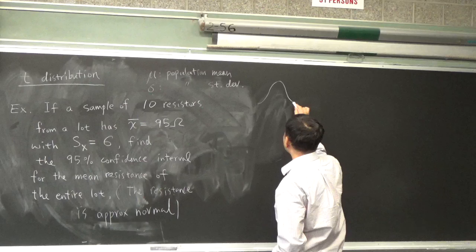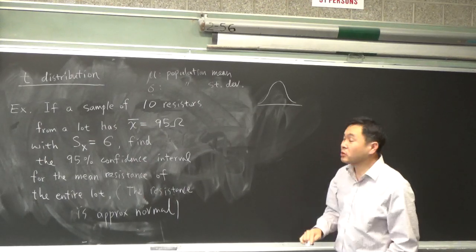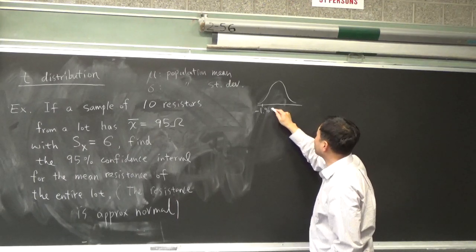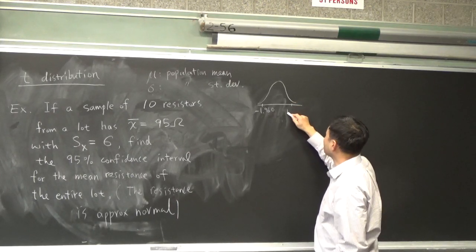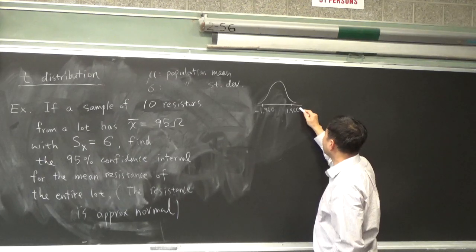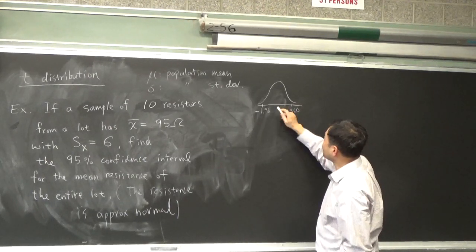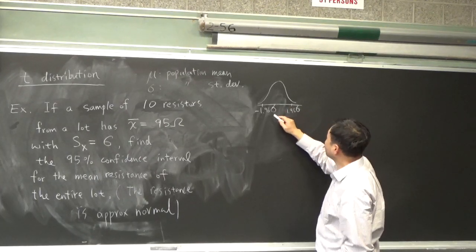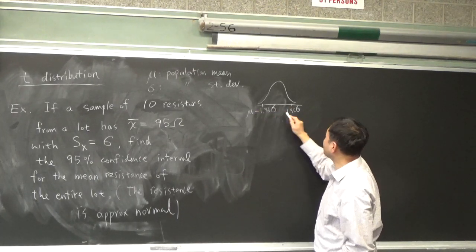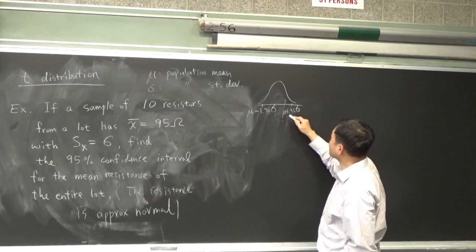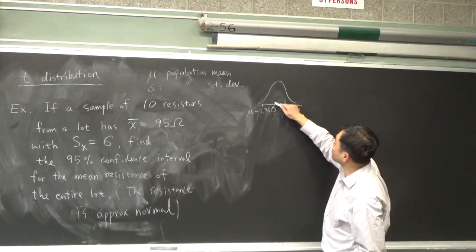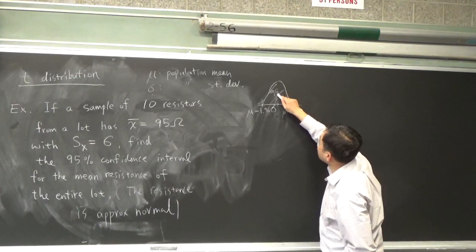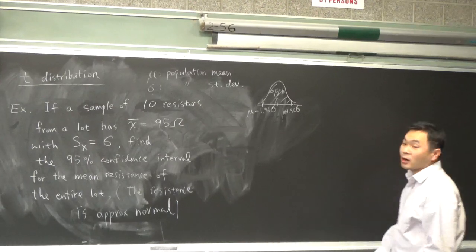If you have a normal distribution, then we know that minus 1.96 sigma and plus 1.96 sigma, subtracted from mu and added to mu, with mu here in the middle, captures 95% of the data.